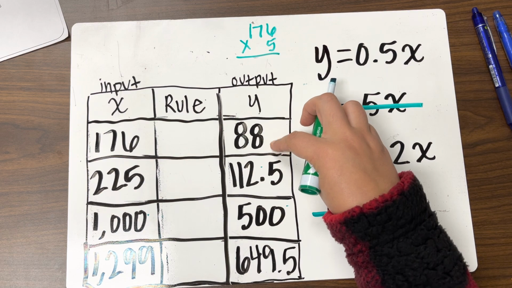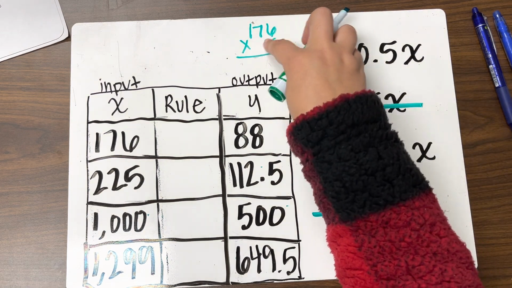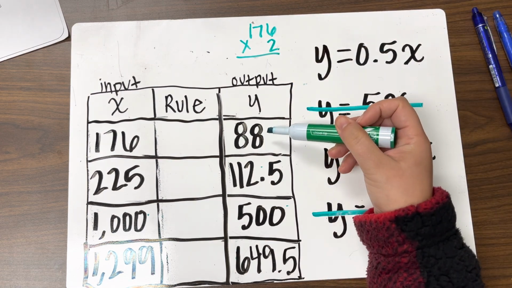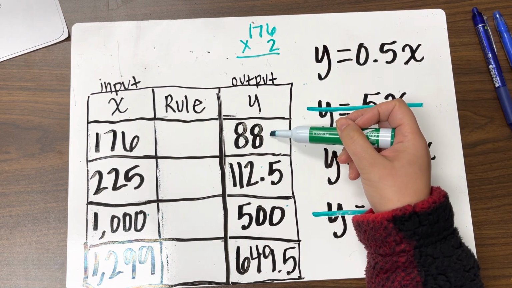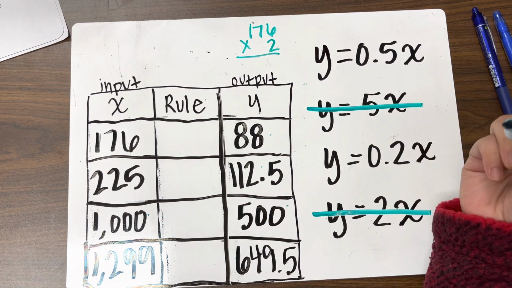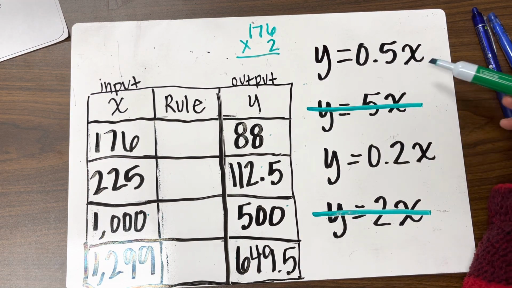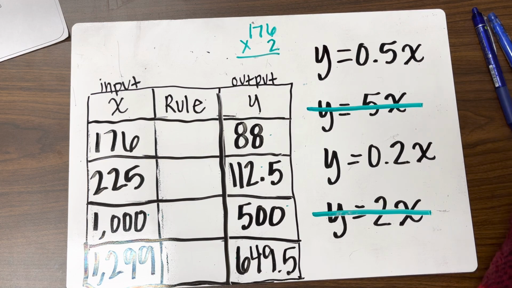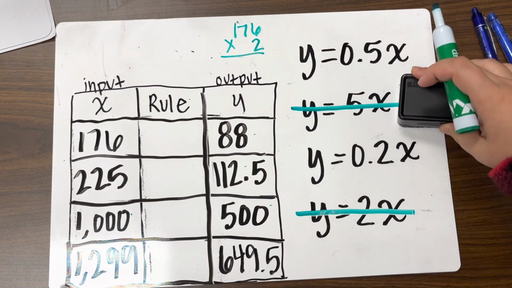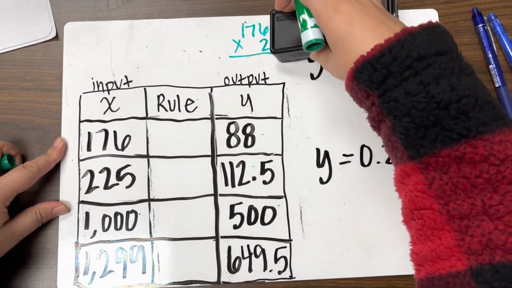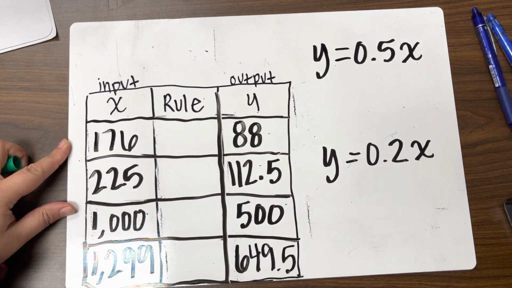I will not. Same thing, if I multiply 176 times 2, I will not get a smaller number of 88. I won't. It's going to make it bigger. So now we've already eliminated two of them and we are down to these options. So now we can go ahead and work out to see which one would be correct.